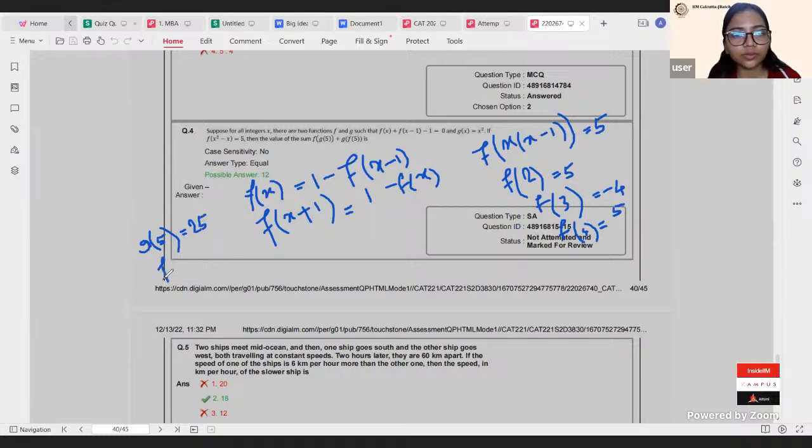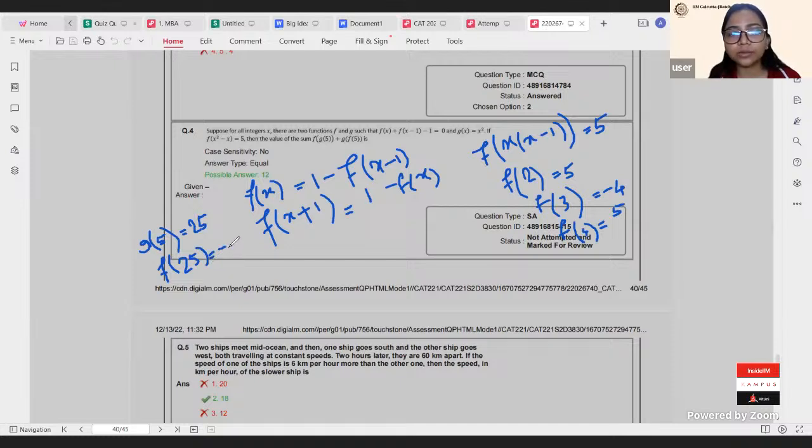So f of g of 5 is f of 25, which is essentially minus 4, because f of any odd number is minus 4, right? So this will come out to be minus 4.